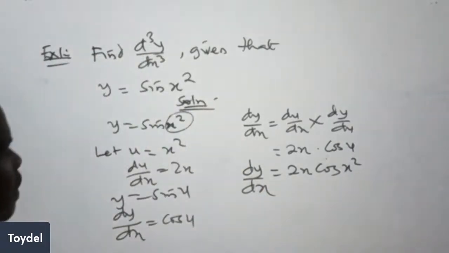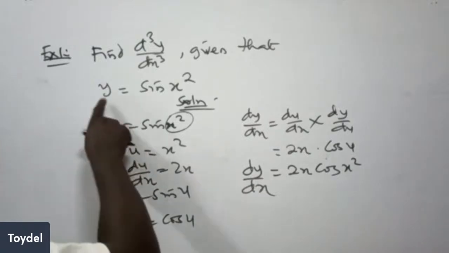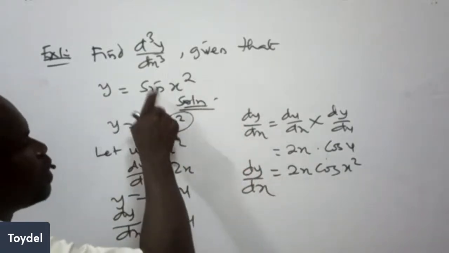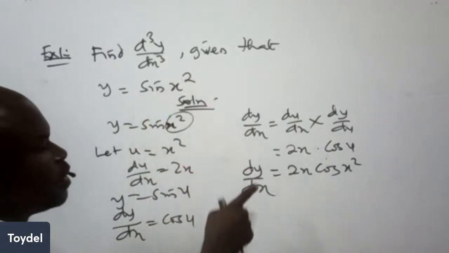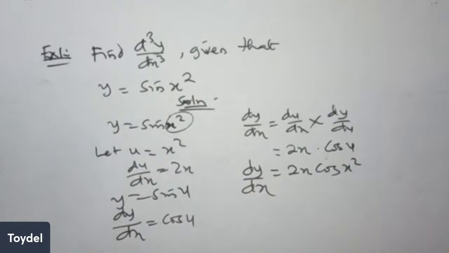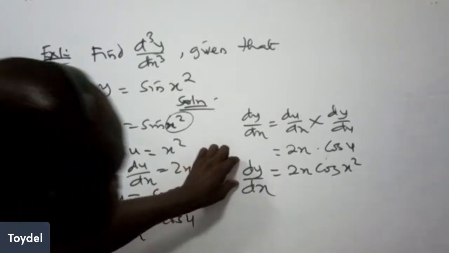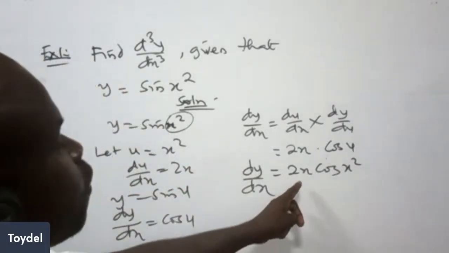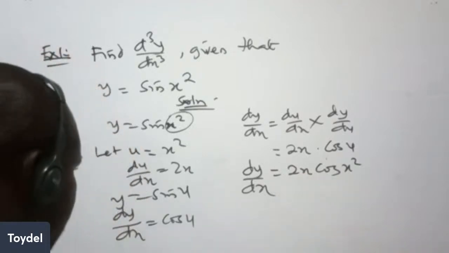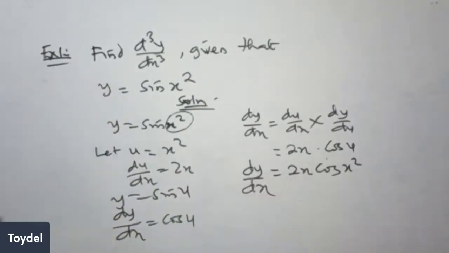Then in this first derivative, y is given as sine x squared. When we take the differentiation of sine x squared, we were able to get 2x cos x squared. So this first derivative now has a product of both a polynomial function and a trigonometric function. So how do we differentiate if we want to do the second one?